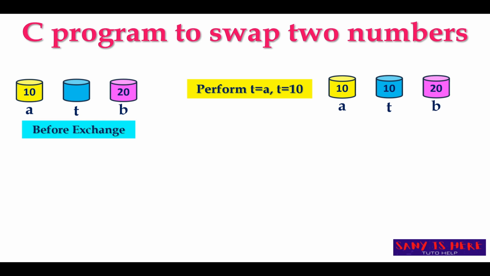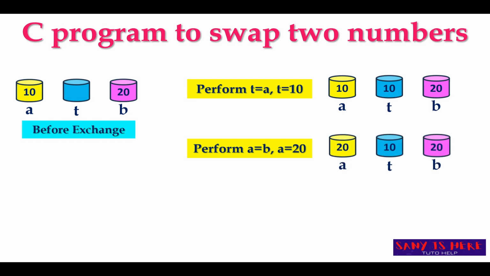Now what you can do to have the B value in A? Perform A is equal to B. Simple. Means A's value will become 20.